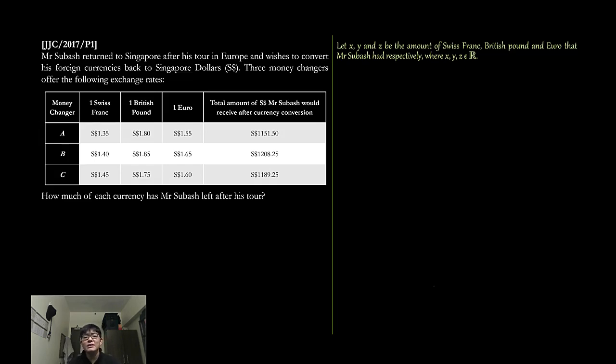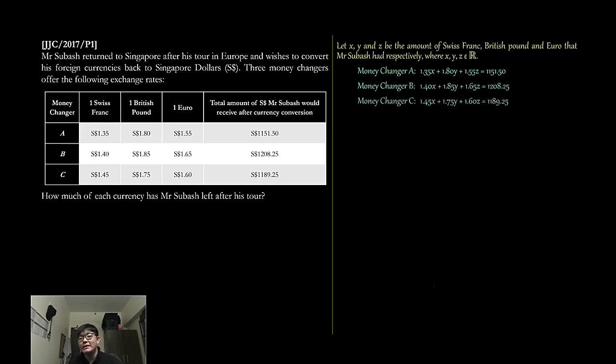You do the same thing for British pound and for euro, as well as for money changer B and money changer C. This is how we form the linear system. For money changer A, it will be 1.35x plus 1.80y plus 1.55z equals $1,151.50. You repeat the same method for money changer B and then money changer C.